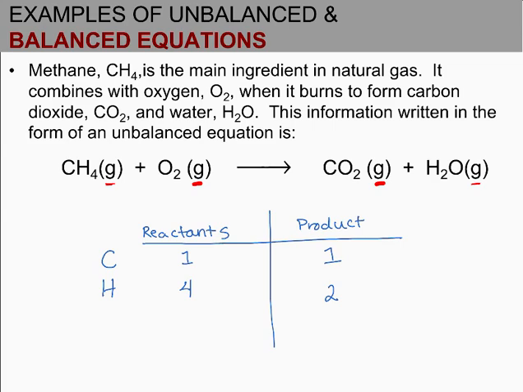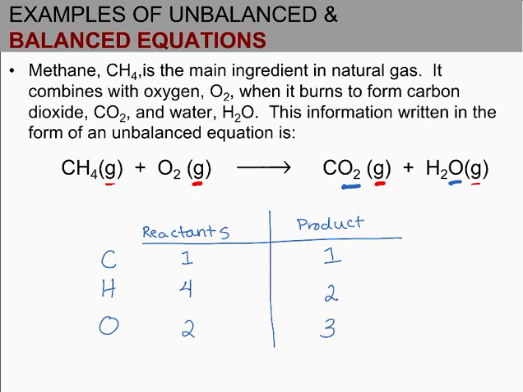And then last but not least, we have oxygen. So on the left-hand side, we have 2 oxygens. And then on the right-hand side, this is where things get tricky because we have oxygen present in both products. So we have 2 oxygen atoms in CO2 and 1 oxygen atom in H2O. So that's a total of 3.